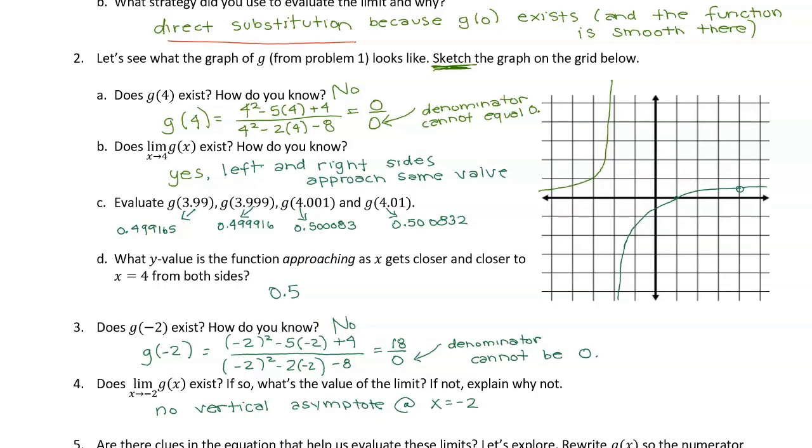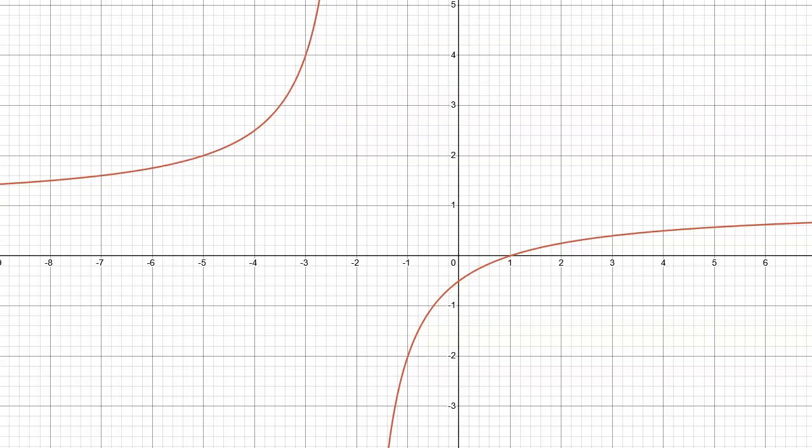Now, let's go ahead and look at a graph of this function. I did this in Desmos because it shows up easier when I'm recording videos, but you could do it on your graphing calculator. And you'll notice a couple things going on. It looks like we have some sort of vertical asymptote here at x equals -2.